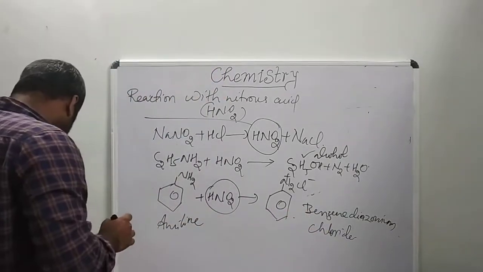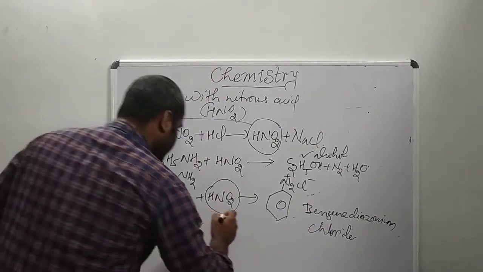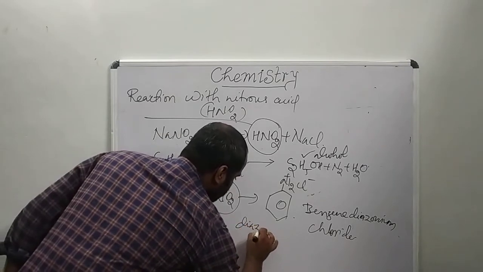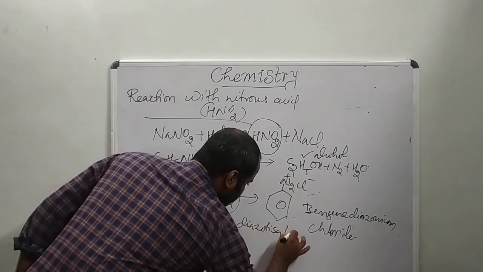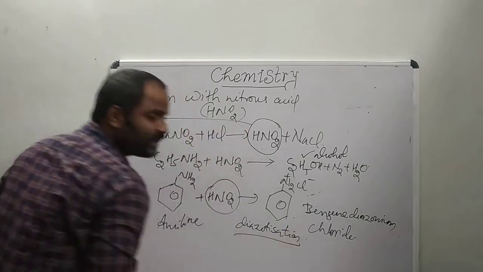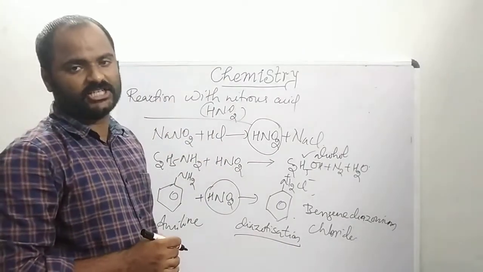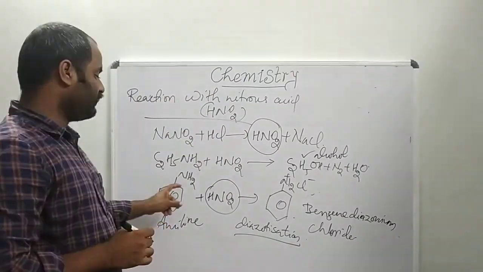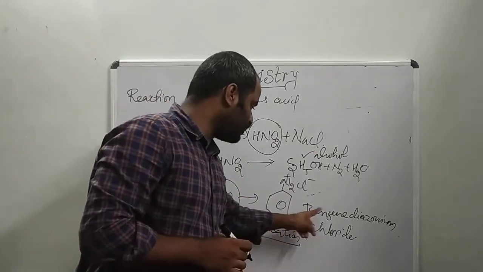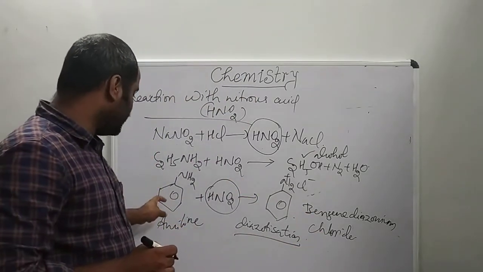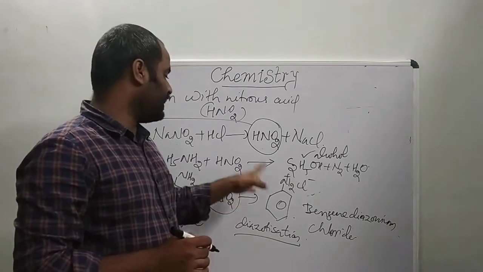This reaction is known as diazotization. The formation of benzene diazonium chloride from aniline is known as diazotization.